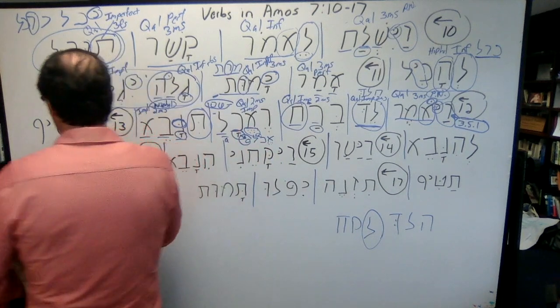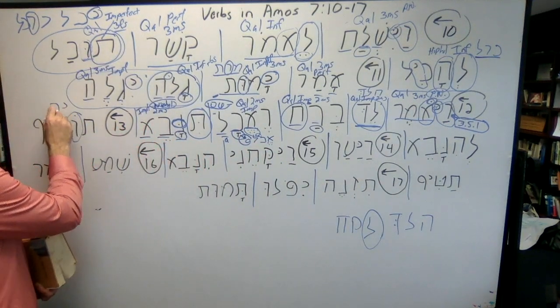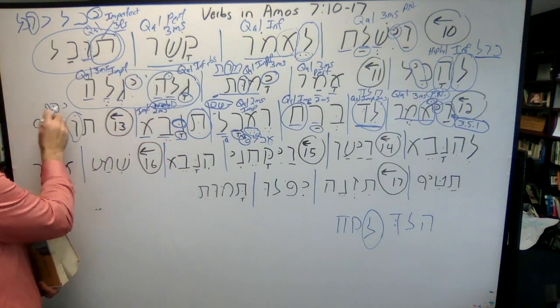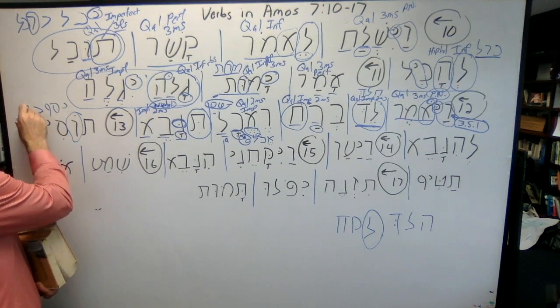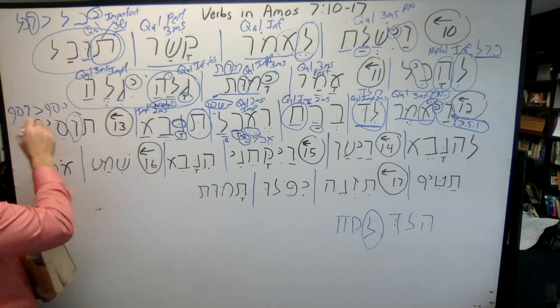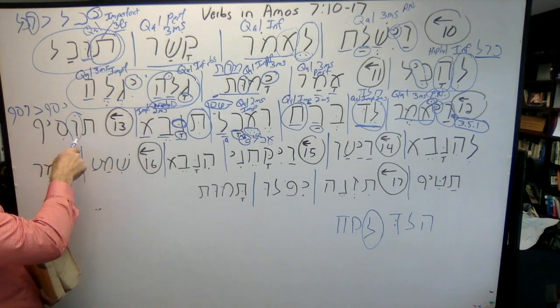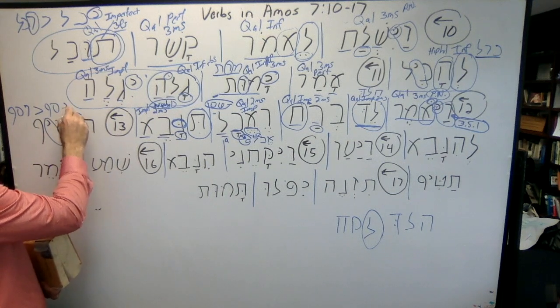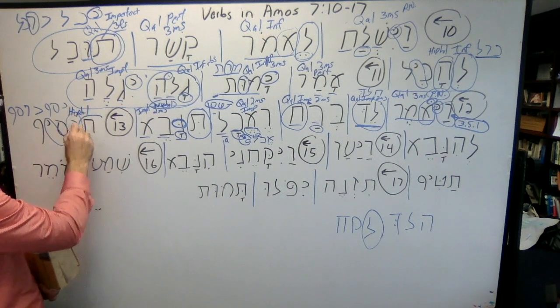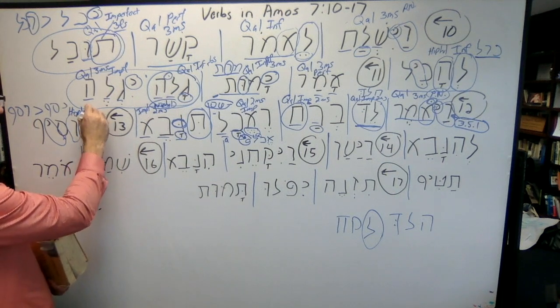So this is from the root yasaf. This is a first yod verb that originally was another one of these first vav verbs like we saw up here at the top. And so this is going to be, the hirik yod tells us it's a hifil. So this is a hifil imperfect.